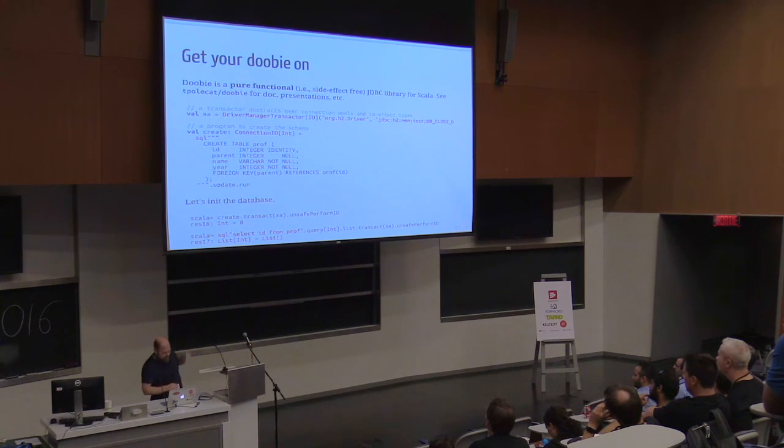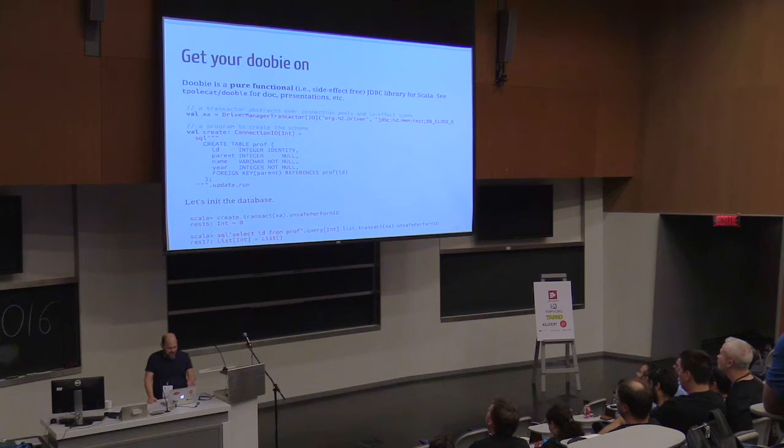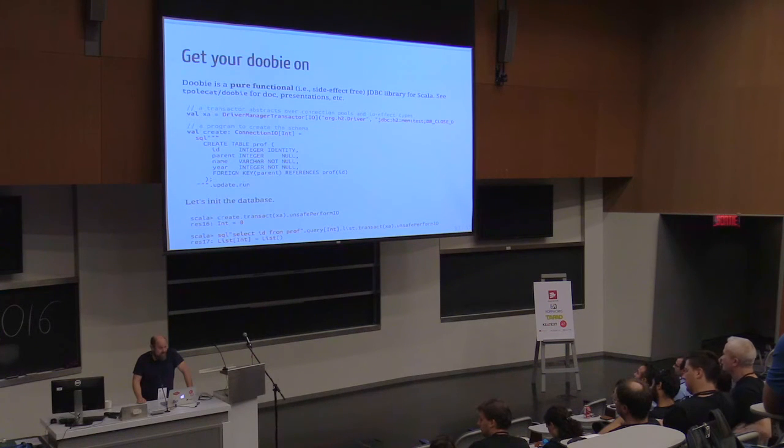So here we have an example. For the things in the talk, I'm using an in-memory database, and this first thing is a transactor, which just abstracts over connection pools. That's basically all it does, and it fixes the effect type, in this case to Scala's effect IO. So we construct that, and then create is a program that will create the schema.